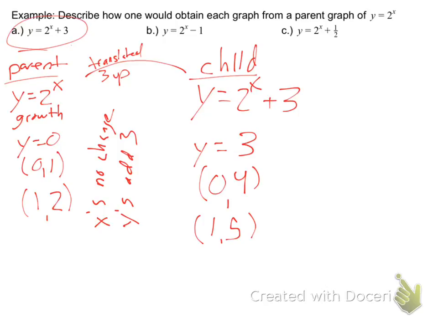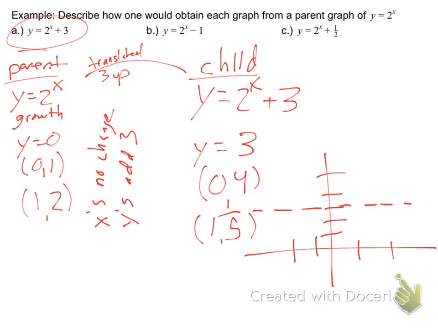Can you graph those 3 things? Yeah. You've got a graph. So, y equals 3. Oh, look at that. Our asymptote is above the x-axis. It's the first time. We have 0, 4 and 1, 5. And you have a graph. It's a wonderful thing.